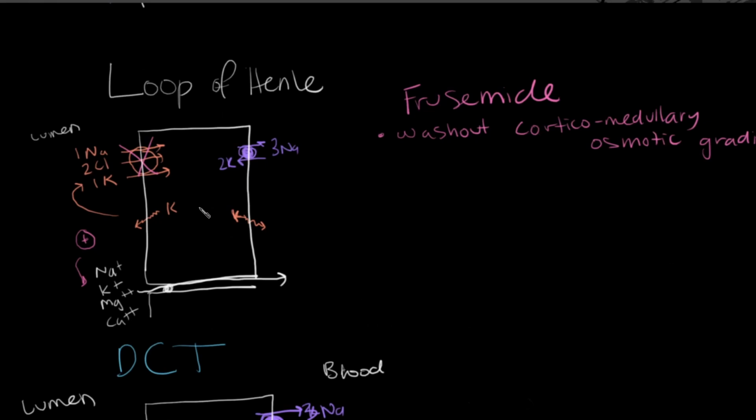It's important to note though, because we block this triple co-transporter, we lose this luminal positive charge. And this positive charge was previously responsible for helping to reabsorb these cations here, the sodium, potassium, magnesium, and calcium.